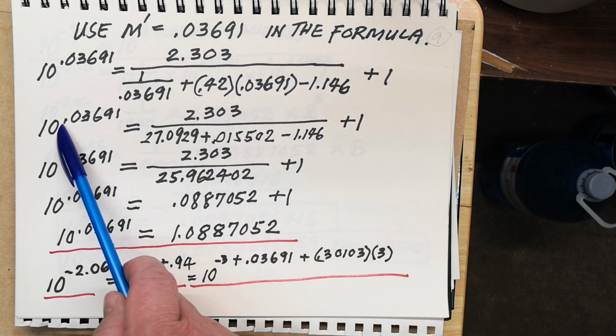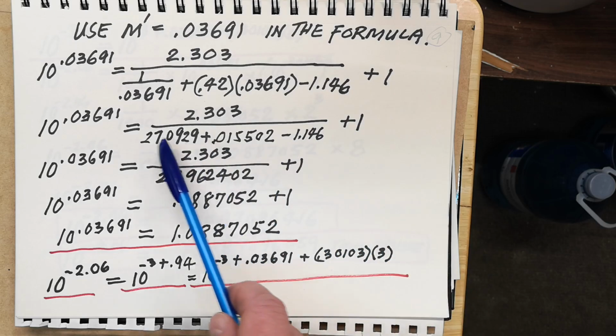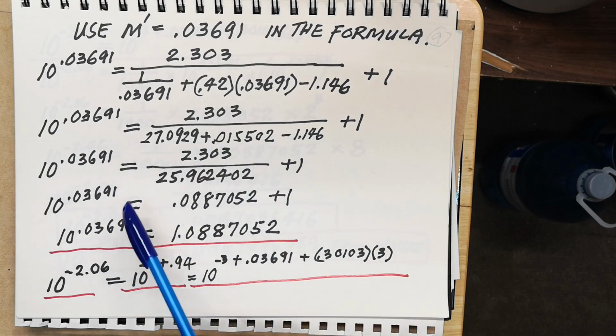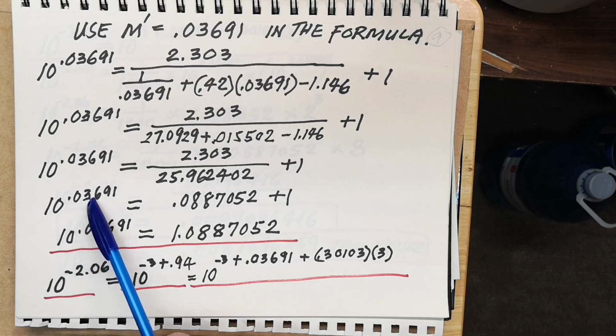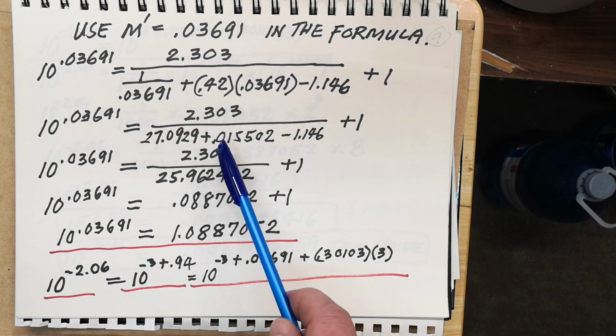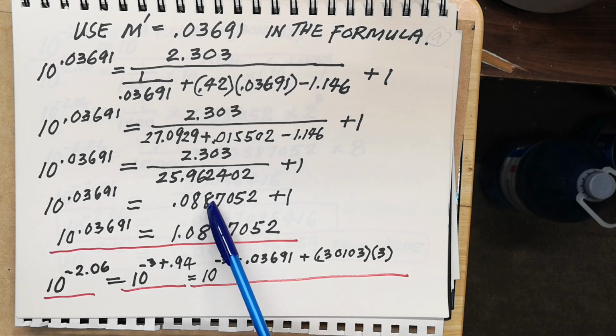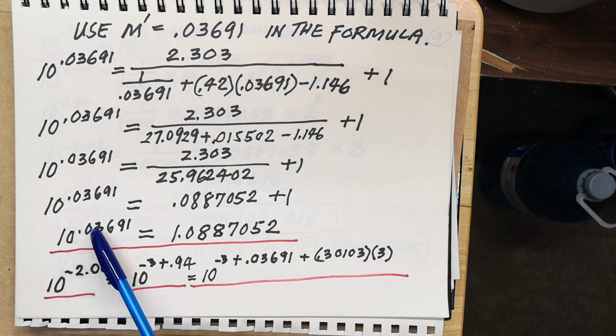If you just follow this calculation, you'll end up with 10 raised to the 0.03691 equals 0.088752 plus 1. Therefore, 10 raised to the 0.03691 equals 1.088752.